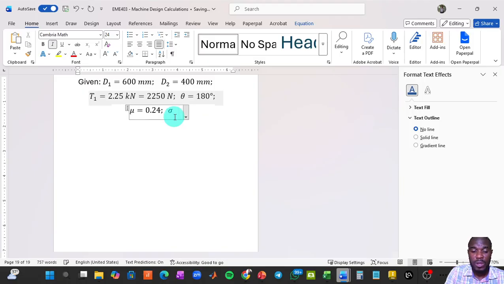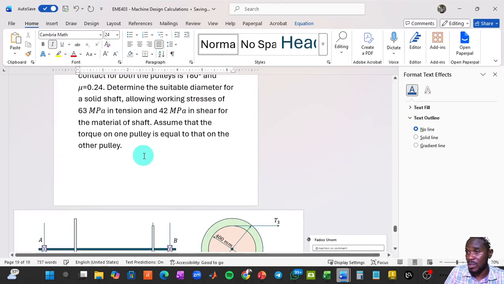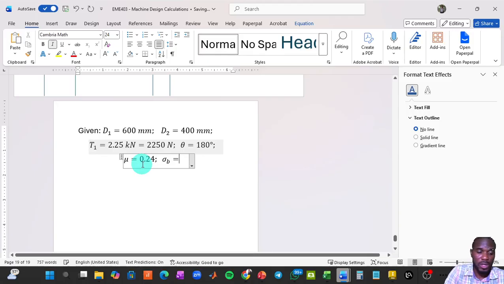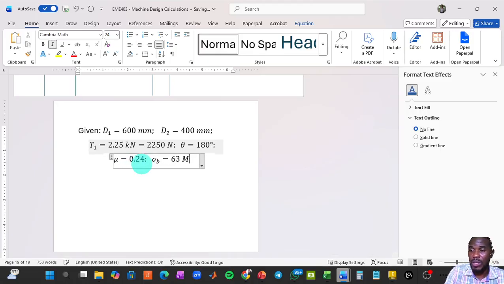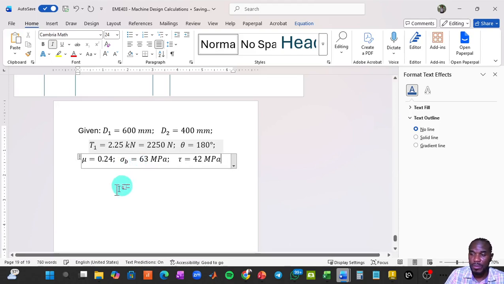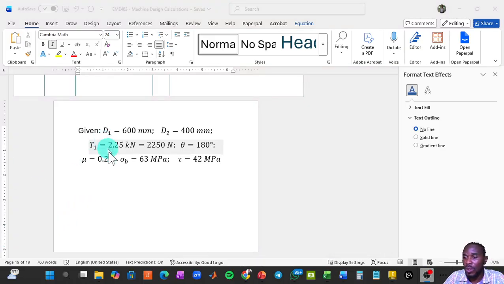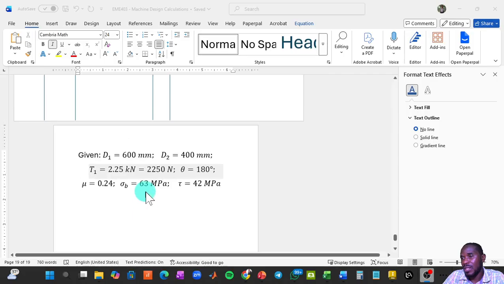Sigma_B is 63 megapascals, and our tau will be 42 MPa. Okay. So these are the things that we have been given.